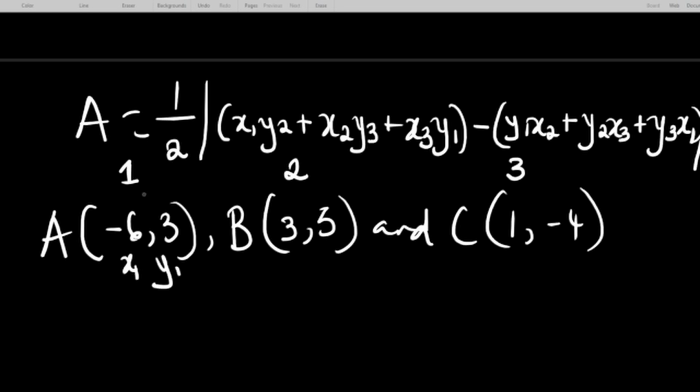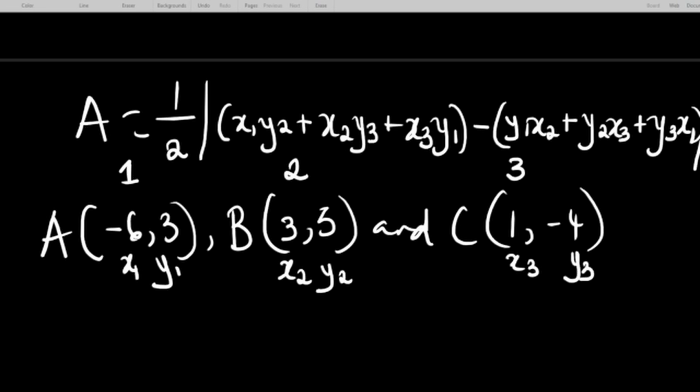So for your first point, we've defined it to be x sub 1, the x component or x coordinate, and then y coordinate. For the second one, we can say x sub 2 and then y sub 2. For the next one, we have x sub 3 and then y sub 3.